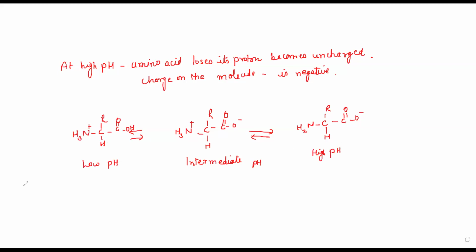Okay. The next one is the optical properties of the amino acid. Let us discuss about this also. Optical properties. So all the amino acids except this glycine are optically active.